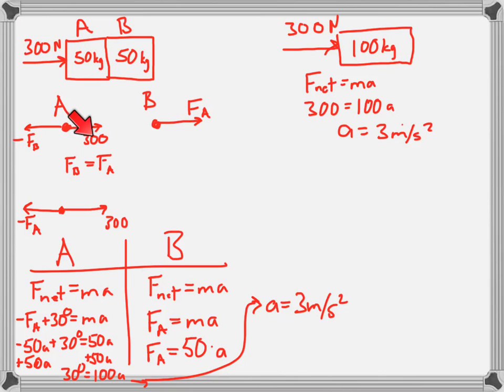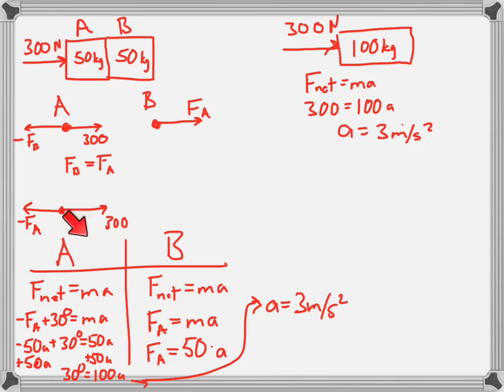So this would be 300 newtons, and this would be 300 newtons in the opposite direction. So what would be my net force? Well, it would be 300 minus 300, which is 0, which means my acceleration has to be 0.